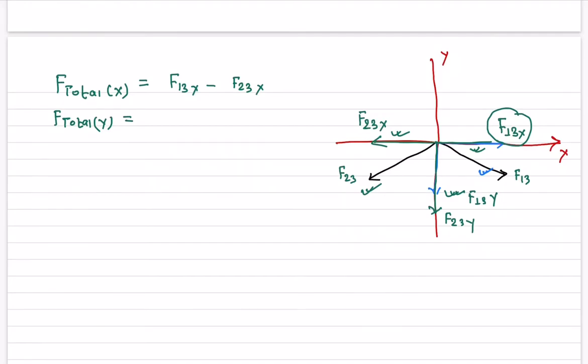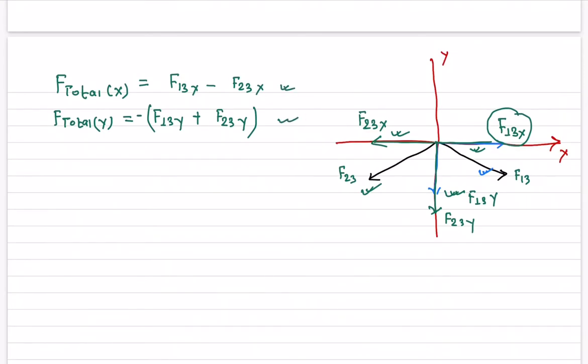In this case, these two are in the same direction, so they add up together. So you get F13y plus F23y. You can put the negative sign here as well, because this is in the negative y direction. This is how you find the total x and y components.